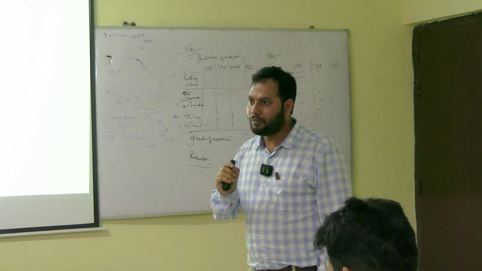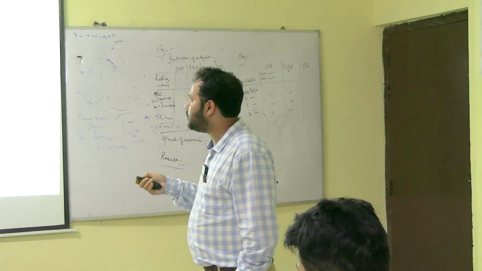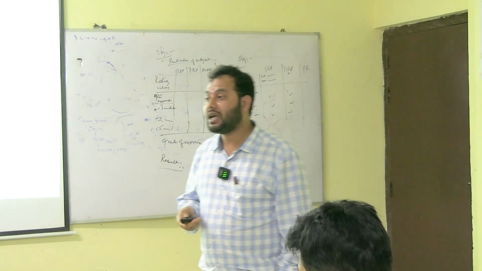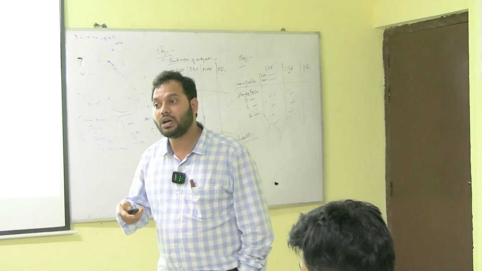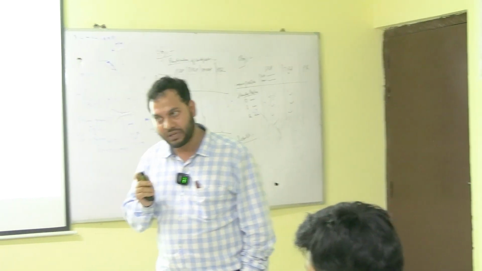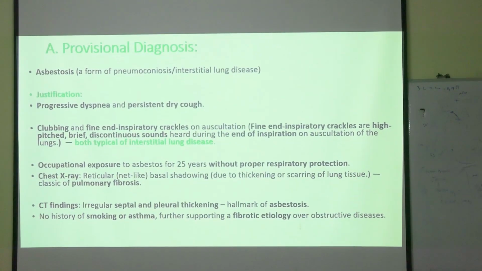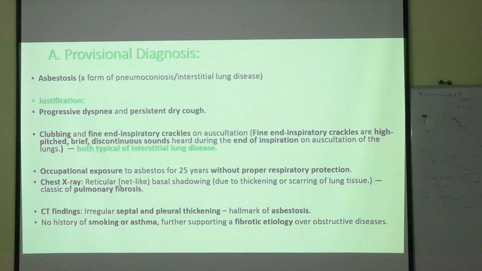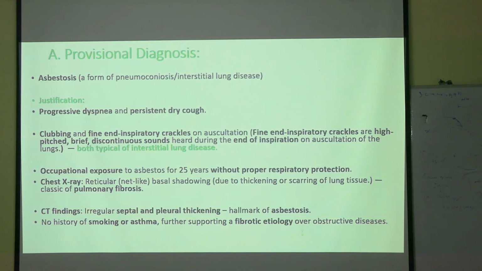These are important features related to clubbing, and clubbing is an important characteristic of asbestosis development, right? As I've already mentioned, you also noted occupational exposure to asbestos for 25 years without proper respiratory protection. This is another important piece of information.